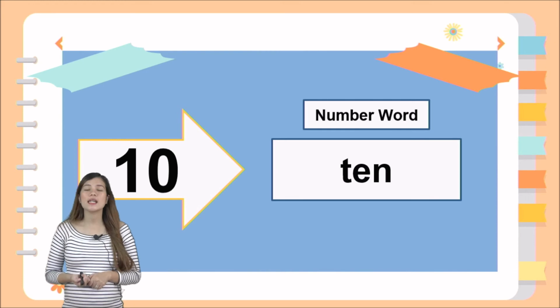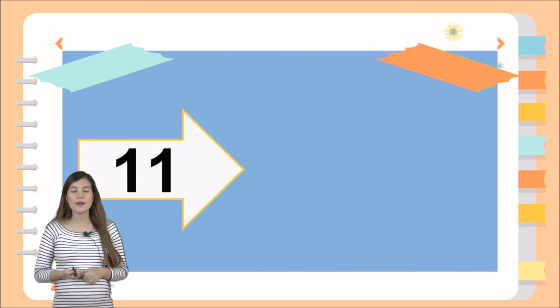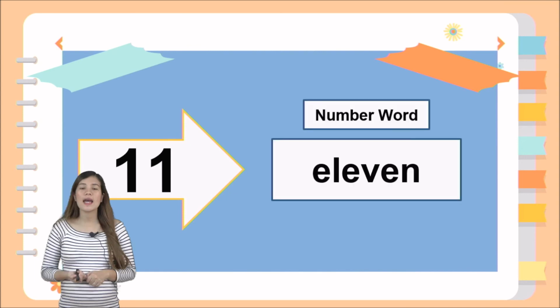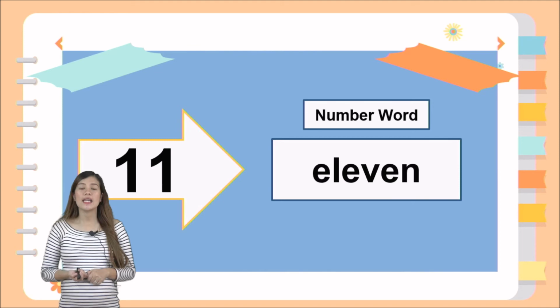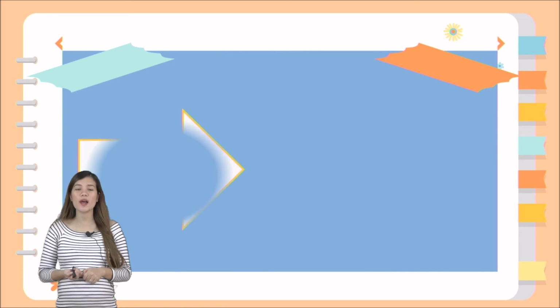Again, T-E-N. And then next one, we have 11. It's also 2-digit, 1-1. And the number word is E-L-E-V-E-N. 11. And then the next one, we have number 12.